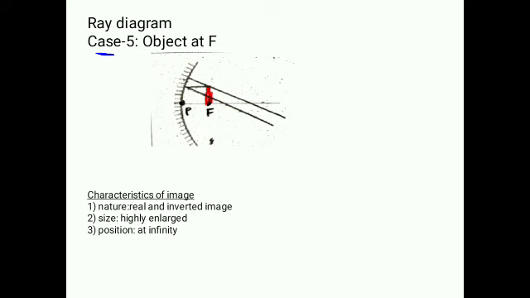Case 5, object at focal point. This is concave mirror. We place the object at focal point. R1 is a parallel ray. After reflection, it passes through focal point.